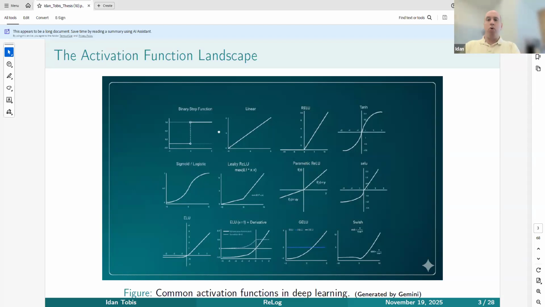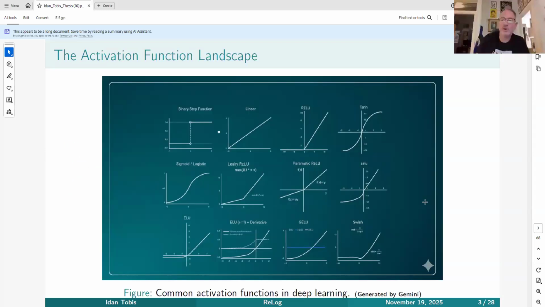And we have a plethora of activation functions starting from sigmoid and hyperbolic tangent, which are the classic activation functions, going through ReLU, which is, let's say, the king of activation functions today, and more modern ones like Swish or GELU, which are used for generative neural networks.